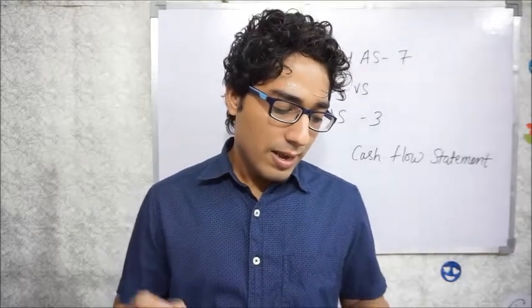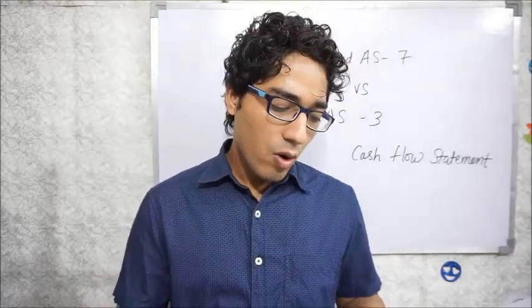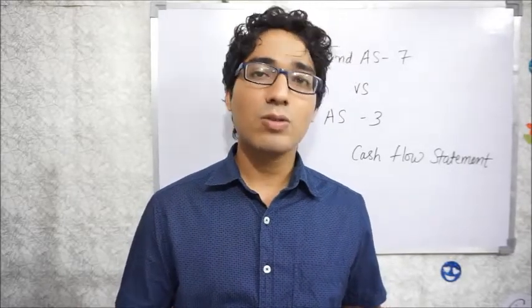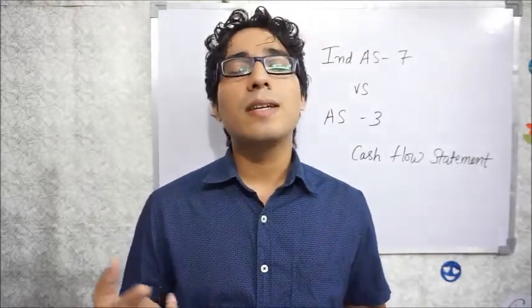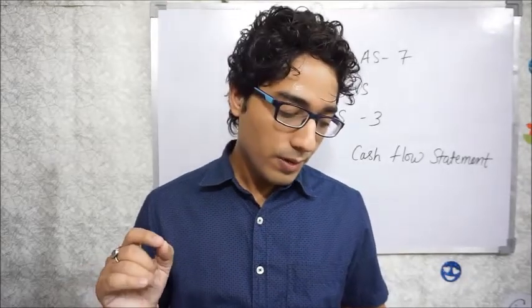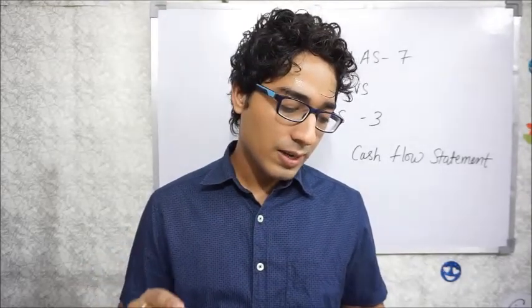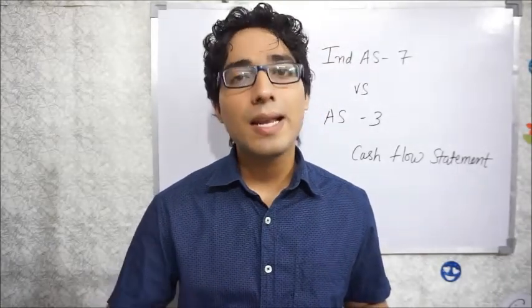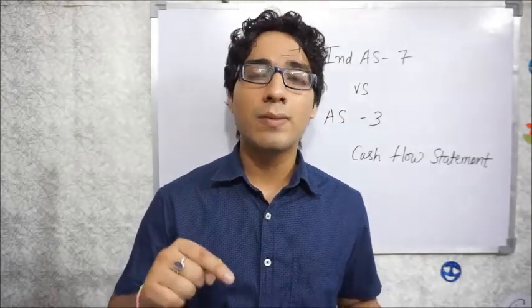Now the next thing, it says Ind AS 7 includes the following new examples of cash flow arising from the financing activity. So just a few examples are added into paragraph number 17, regarding cash flow from financing activity.